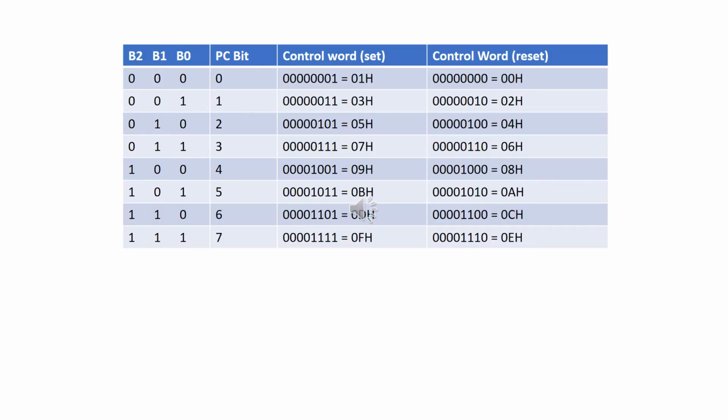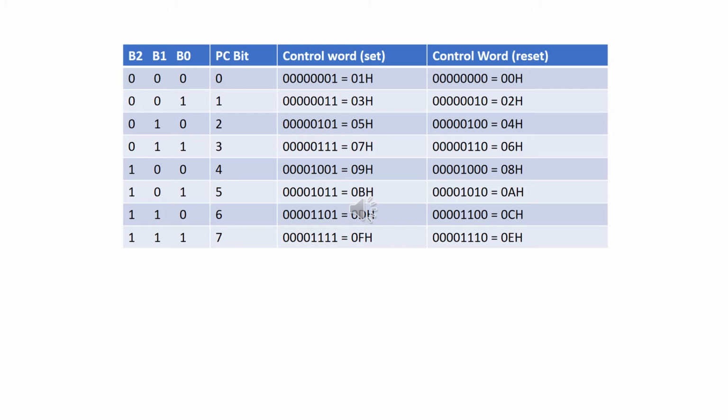These three control bits B0, B1, B2 will give rise to 8 different formats. So the PC bit will be equal to the decimal value of B0, B1, B2. When all of them are 0, it is 0, till when all of them are 1, it is 7.